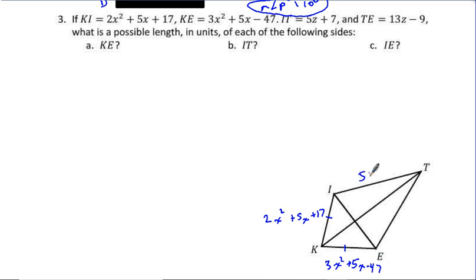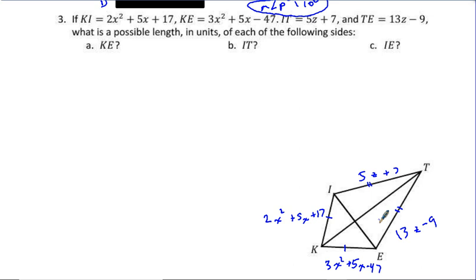IT equals 5z plus 7. And TE equals 13z minus 9. And TE and IT are also congruent sides. What is the possible length in units of each of the following sides?